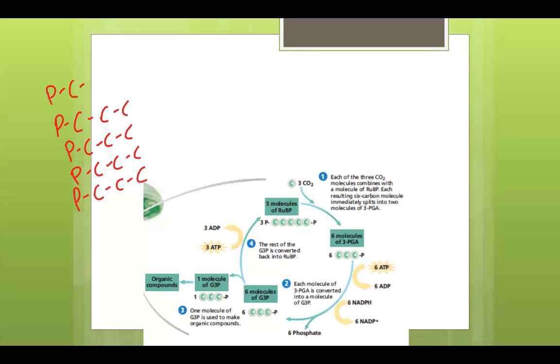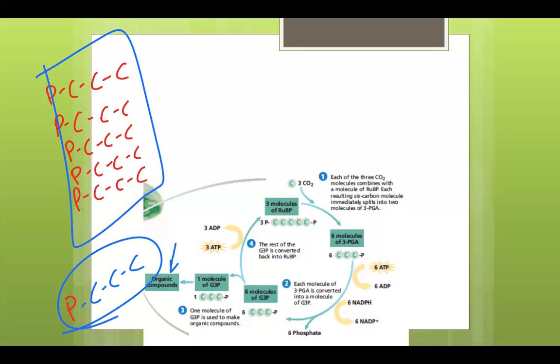I'll put the next one. Okay. And then your other one is the G3P that's going to be used to make organic compounds here. The other 5 are going to be rearranged and reused to reform 3 molecules of RUBP.